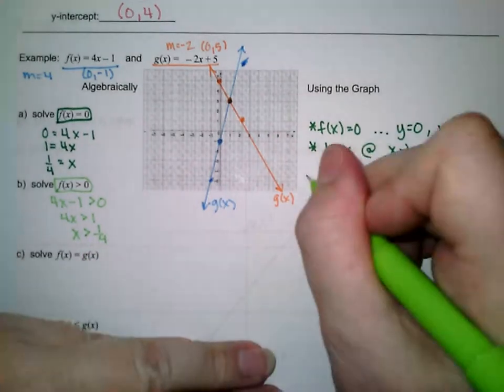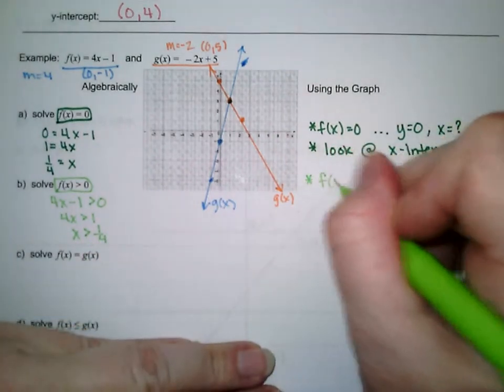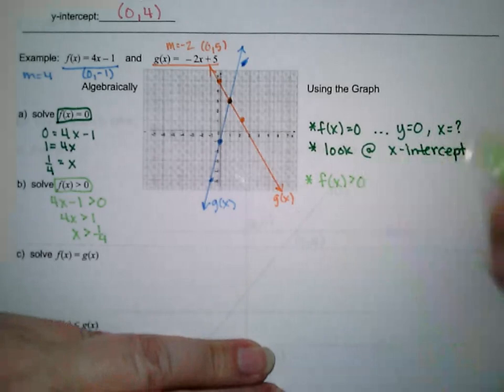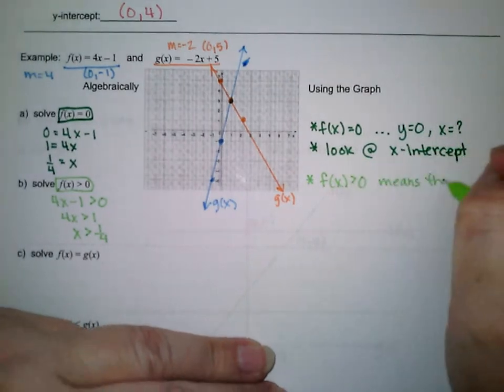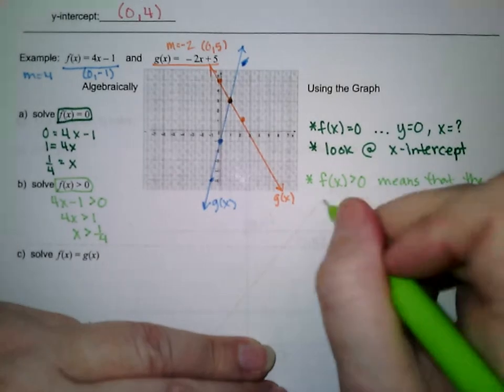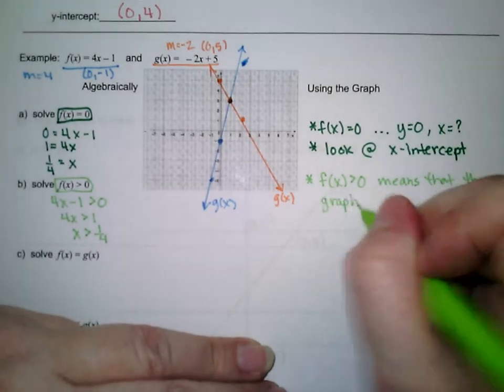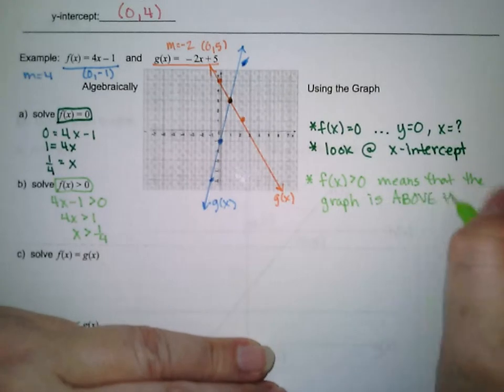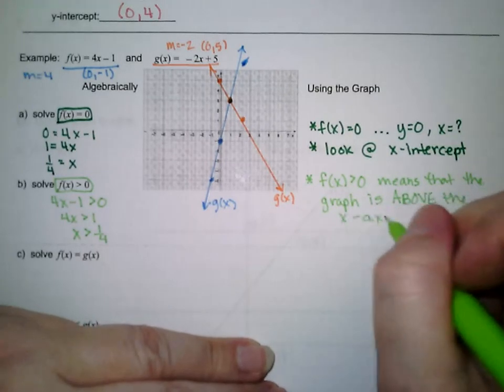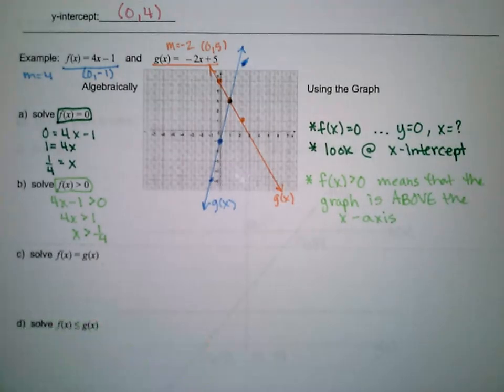Graphically, what does that mean? Graphically, f of x being greater than 0 means that the graph is above the x-axis. Okay, so let's look at that.